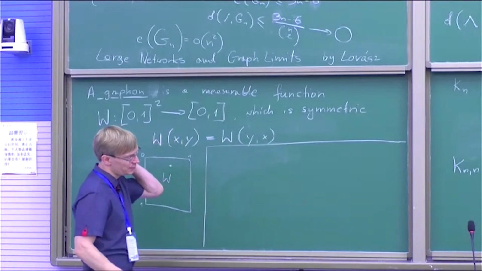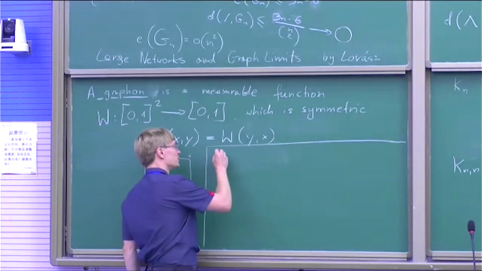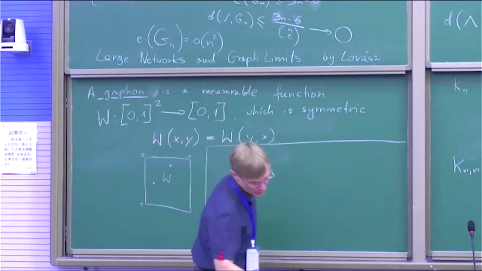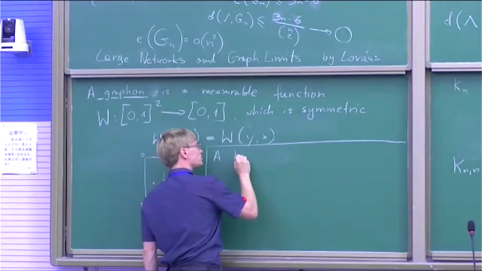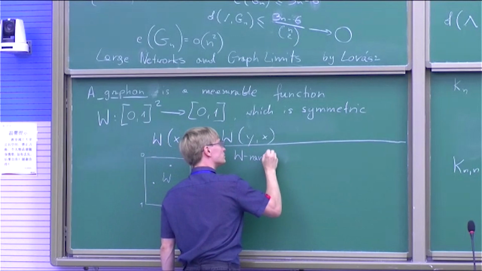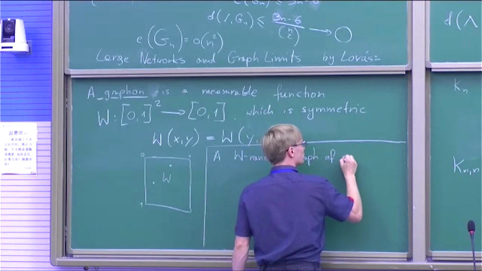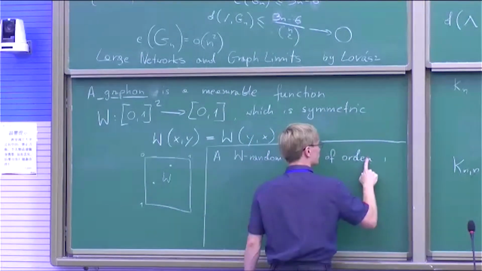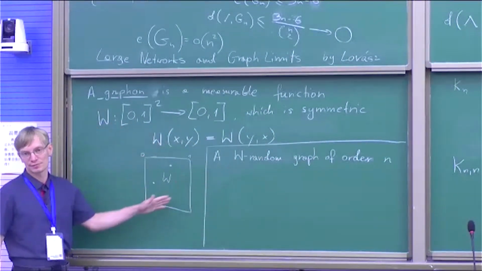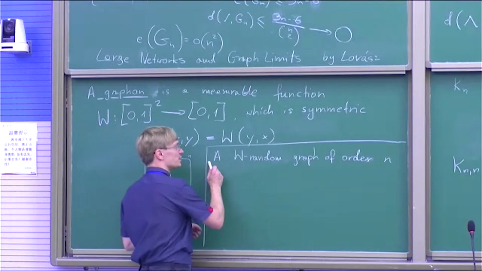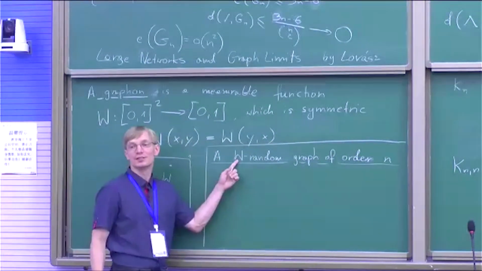Okay, I would like to define what it means density of a graph in a graphon. In order to do it, I need one more definition. Let me say a W-random graph of order n. So I have some graphon, I have such a function, and now I want to define what it means that I have a random graph of order n defined by this function.